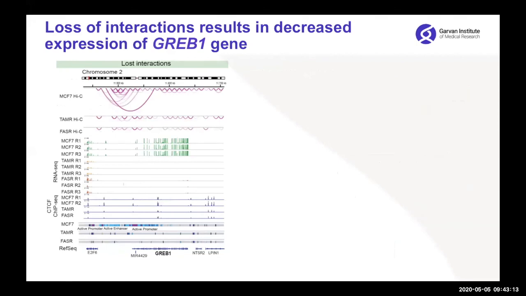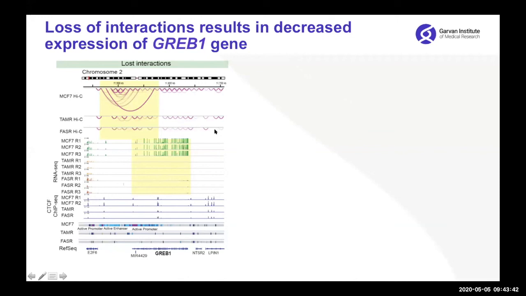So here is an example of a GREP1 gene. And you can see in that gene that all those long-range interactions that are present in the endocrine sensitive cells here are lost in both of the resistant cell lines. And this loss of interactions is associated with complete silencing of gene expression, as shown here on the RNA-seq track.